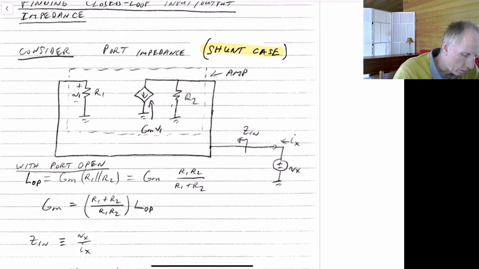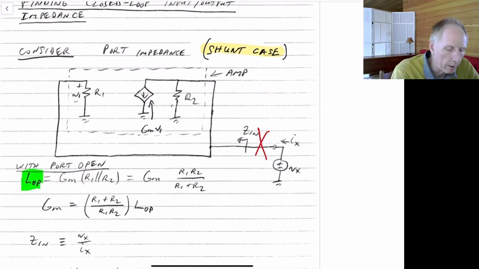Assuming our port is left open, so we're looking at this here, if we just break this connection right here, what would be the loop gain? We'll define this as LOP, the loop gain when the output port is broken or open circuited.